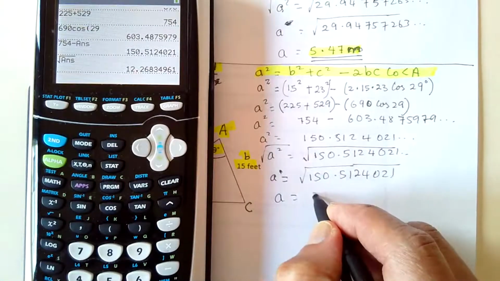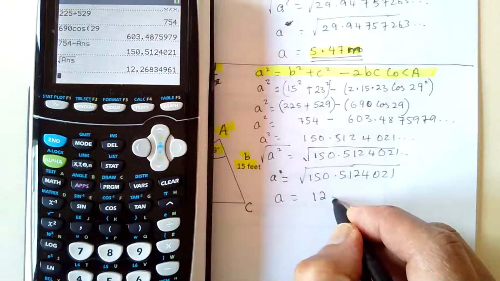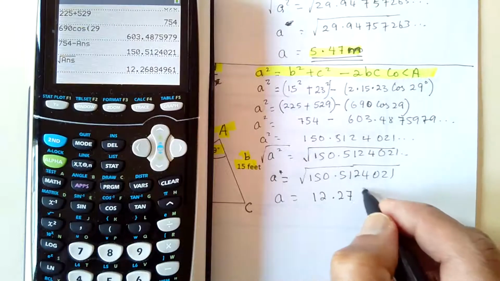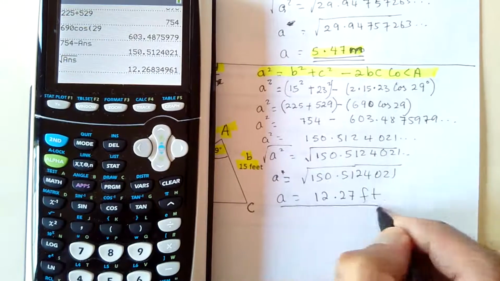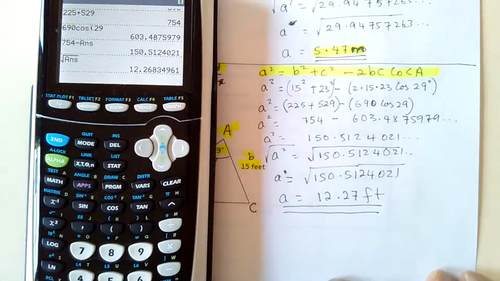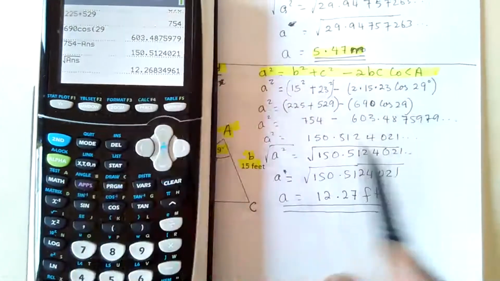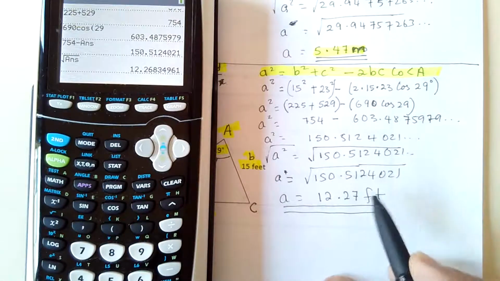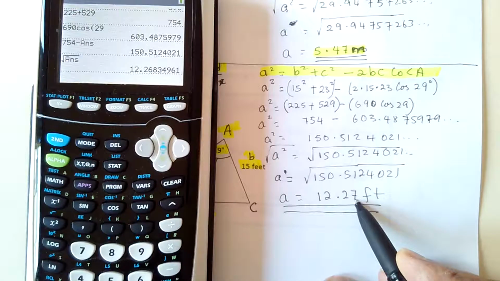A equals 12.27. Notice, if you do not use the exact values in your calculator, you may end up with a different final answer.